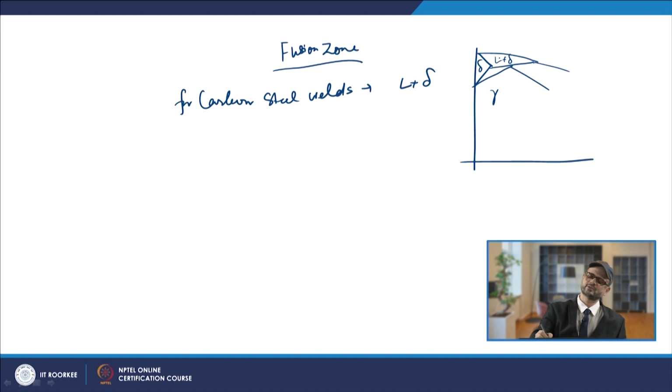In this zone you will have liquid as well as delta. So, there is partial melting of the grains, some solid particles, and mostly it is liquid. That is indicative of the presence of that zone.